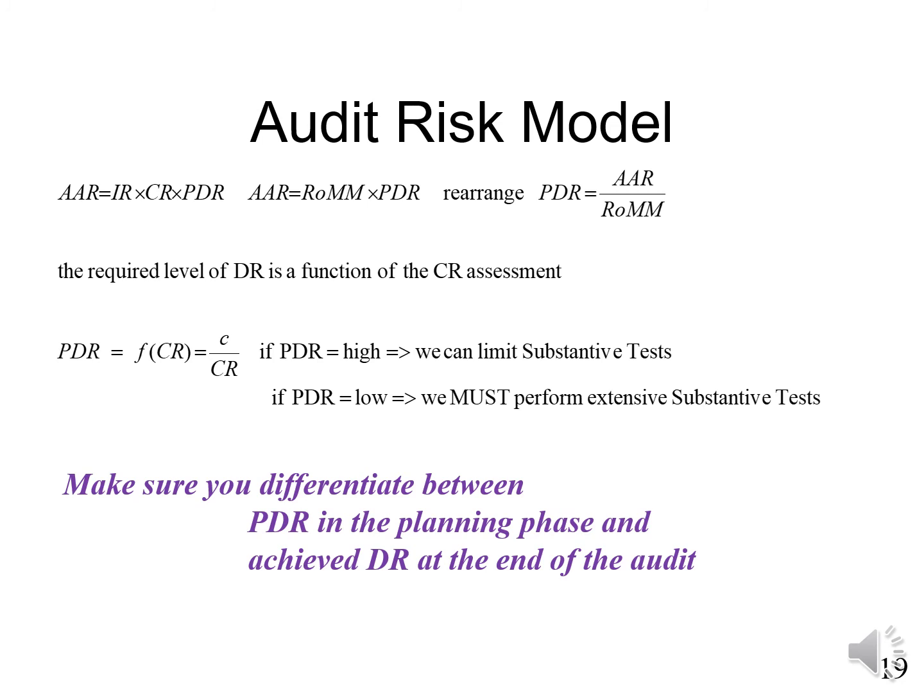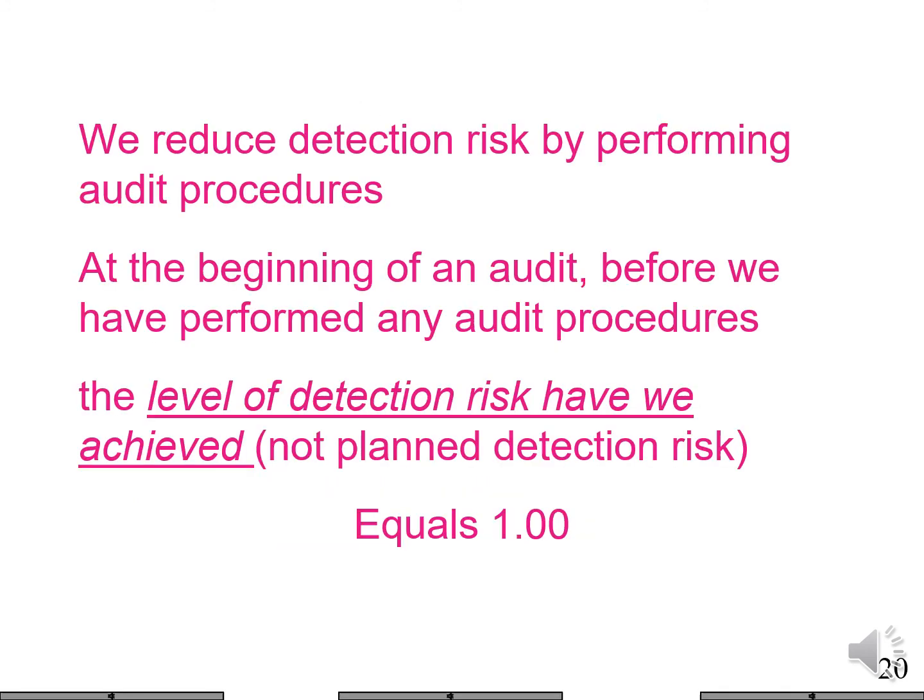We have to go out and perform substantive procedures to reduce detection risk to an acceptably low level. So we've got planned detection risk in the planning phase of the audit, and we have achieved detection risk at the end of the audit. Make sure those concepts are clear in your mind.